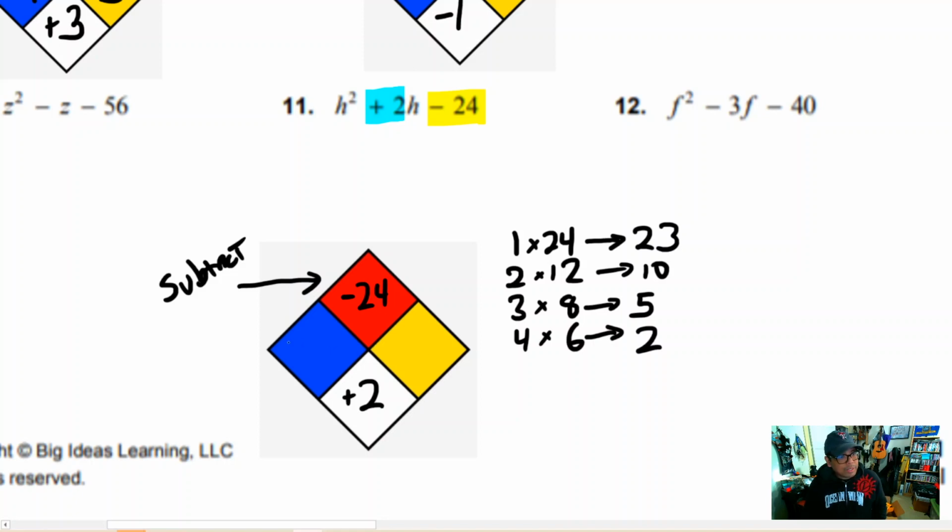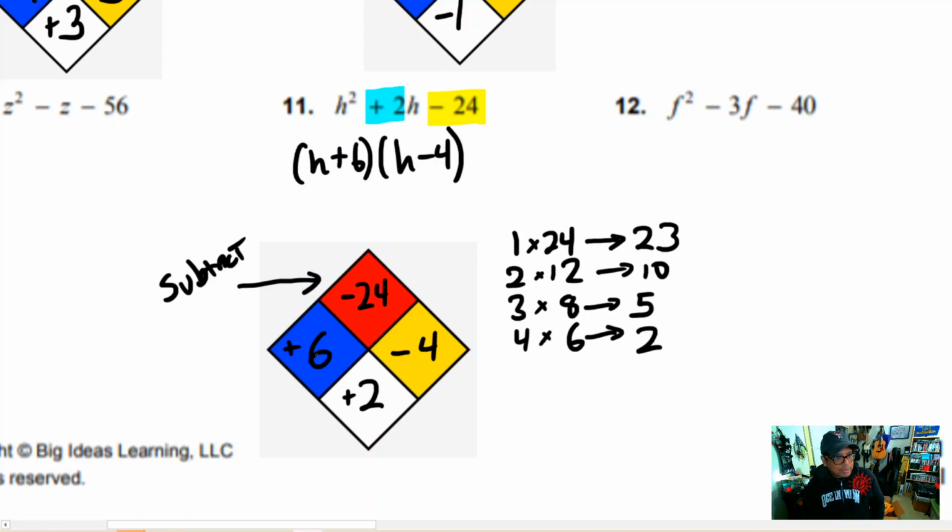Okay, one of these has got to be positive, one of these has got to be negative because this is a subtract problem. So, I don't know, which one needs to be positive, which one needs to be negative, so I get plus 2? Well, the 6 has got to be positive, and the 4 has got to be negative, giving me h plus 6 and h minus 4.